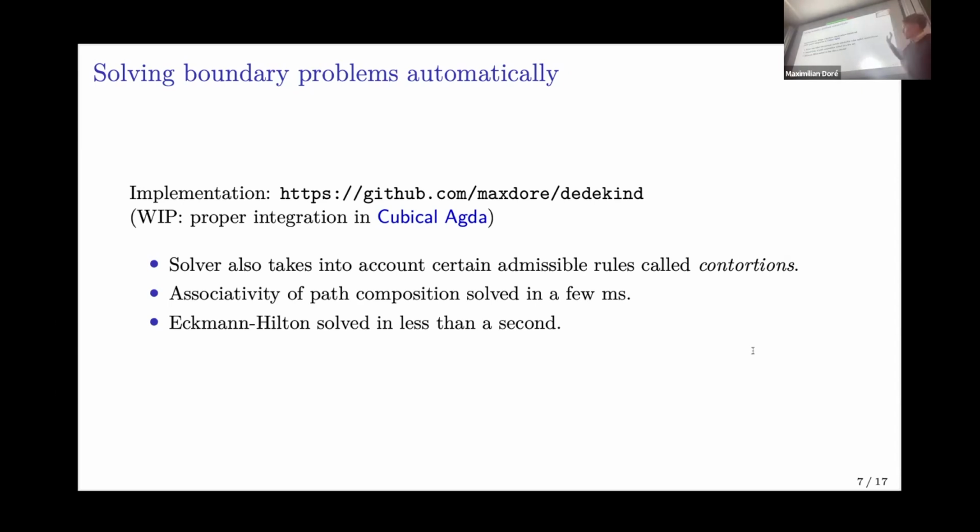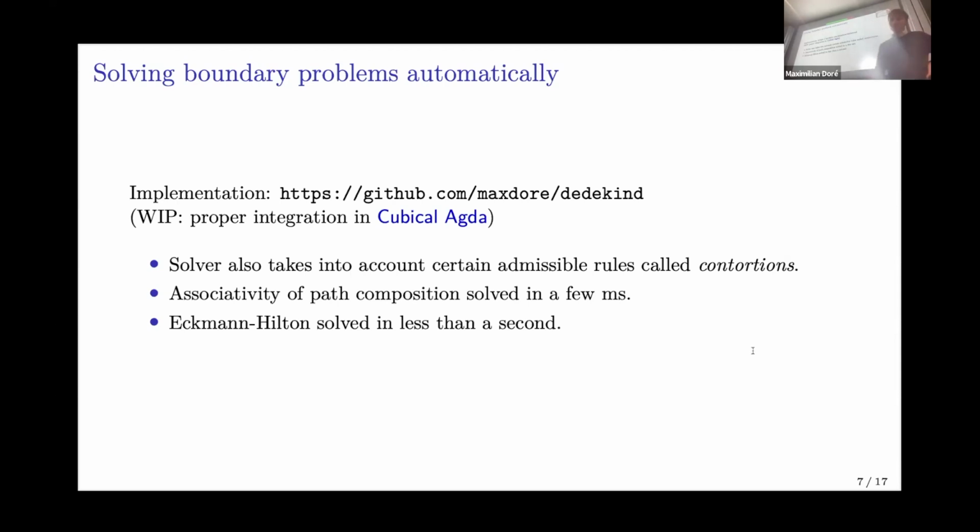So this works quite well for these lower dimensional examples, also for some higher dimensional examples. If you've come across the Eckmann-Hilton argument saying that composition of two-dimensional loops is commutative, the cubical version of this we can also resolve automatically.